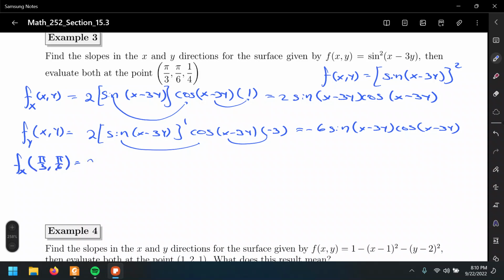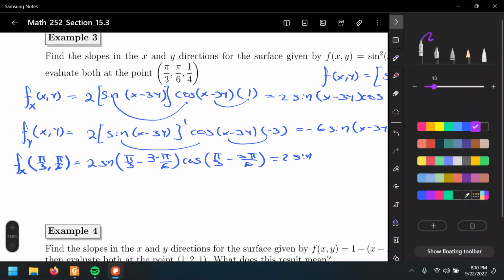So 2 times sine of x, which is pi over 3, minus 3 times pi over 6, cosine pi over 3 minus 3 pi over 6. Isn't 3 pi over 6 a pi over 2?